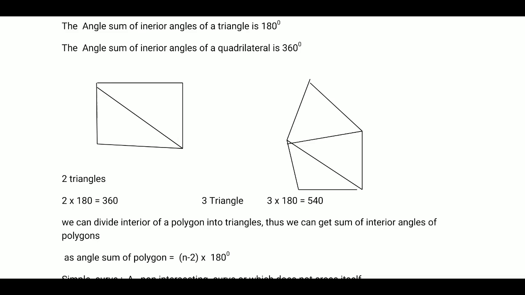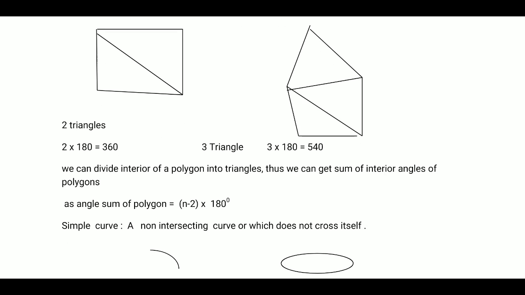This is the method to find the interior angle sum of a polygon. We can divide the interior of a polygon into triangles, and thus we can get the sum of interior angles of a polygon.